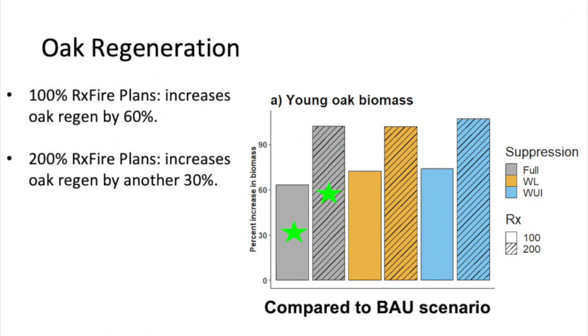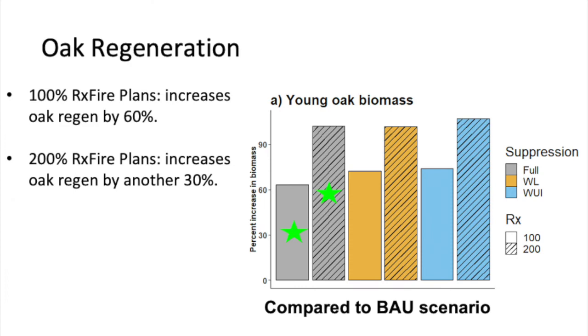Okay, so thinking about oak regeneration, I'm gonna step you through this graph as well. Okay, so young oak biomass, this is a percent increase in biomass compared to the business as usual.